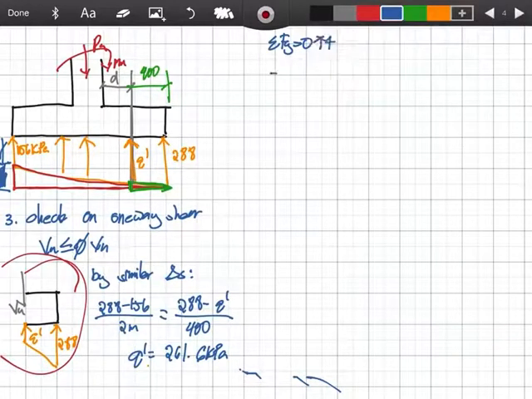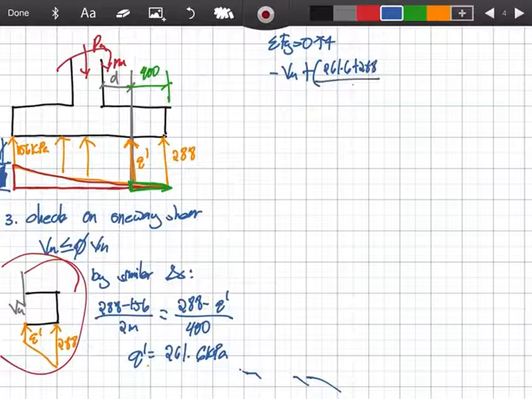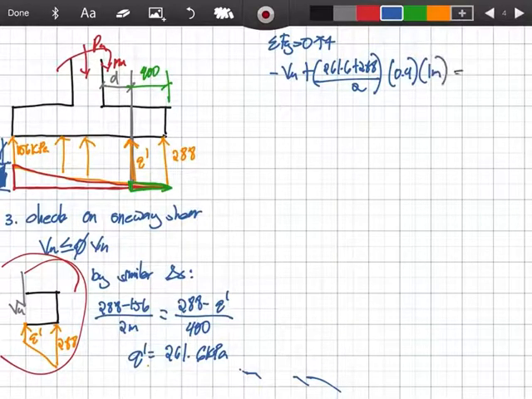This is minus Vu plus Q prime, 261.6 plus 288 since trapezoid, divide it by 2 times width na 0.4 times width of the footing na 1 meter, equals 0. Ang Vu na makukuha natin ay 109.92 kilo Newton.